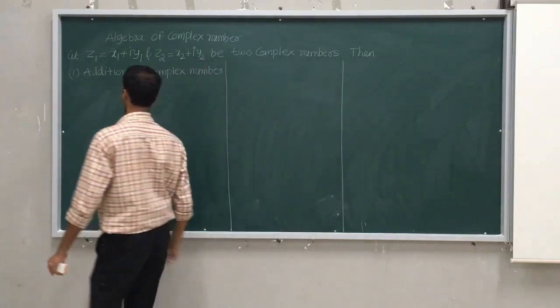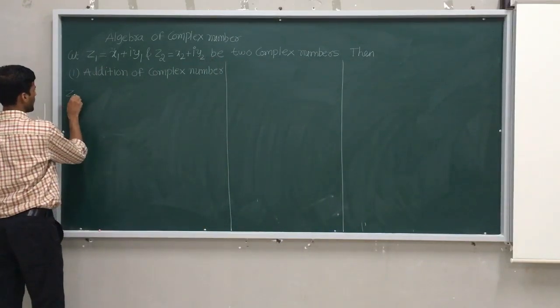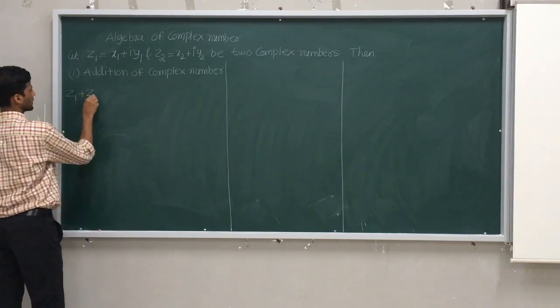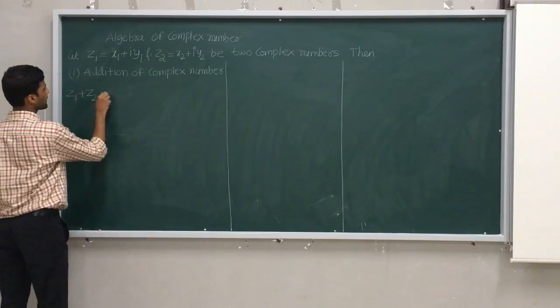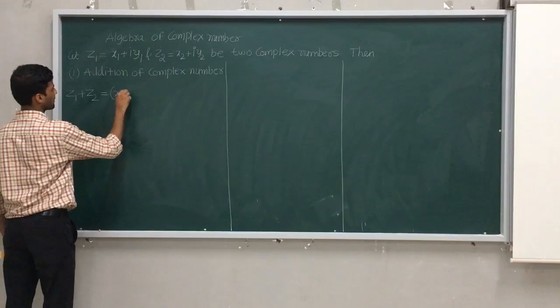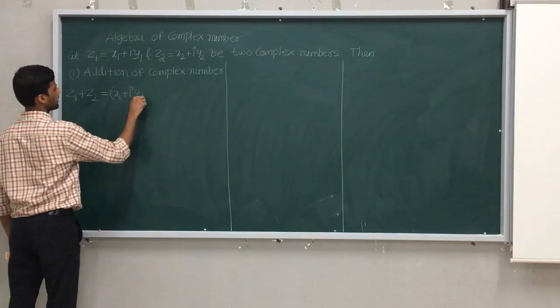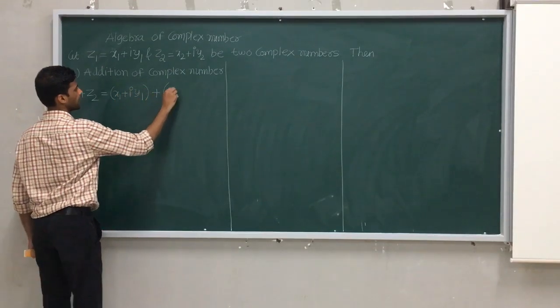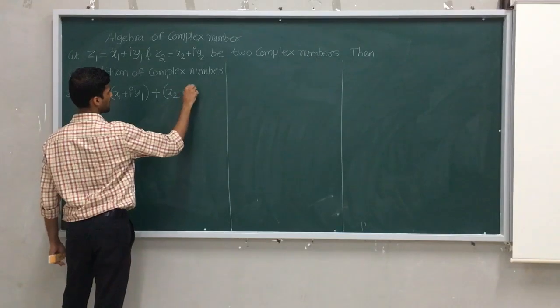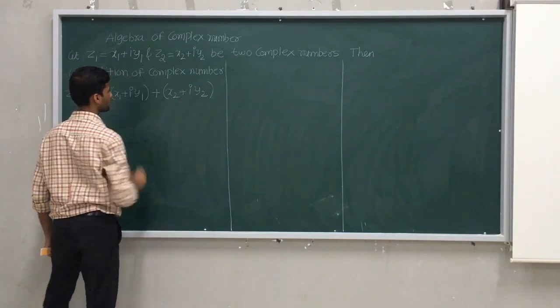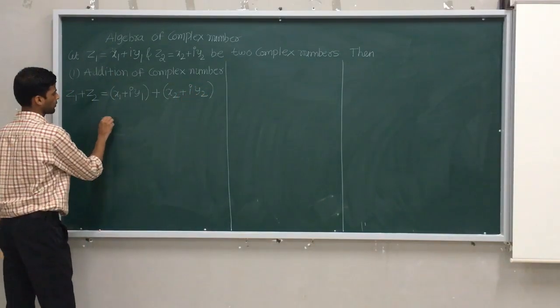So what is addition of complex numbers? Z1 plus Z2. Okay, so what is Z1? It is x1 plus iy1 plus x2 plus iy2. Now you may guess what I will do next.